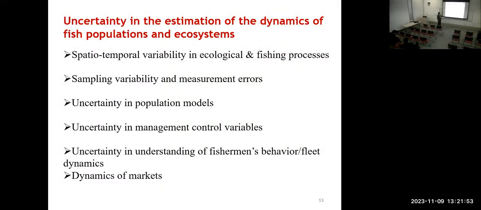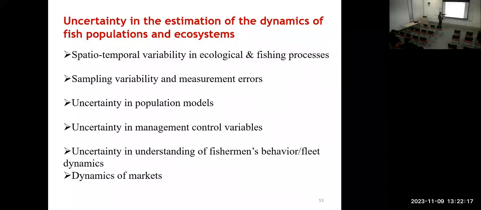And then even if you did everything wonderfully and made a recommendation for management, you probably also have uncertainty in management control, because with enforcement, you will not be able to keep track of everybody and what they are doing. So there is a lot of uncertainty associated with that.